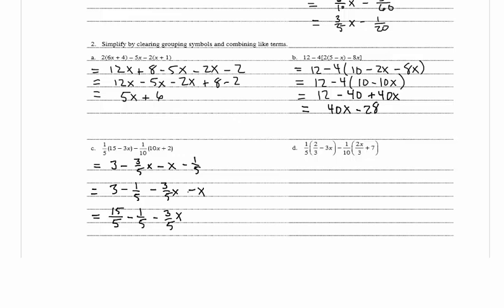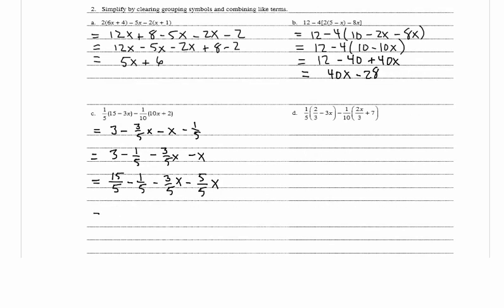And if I wanted to write negative 1 with a denominator of 5, I would write it as minus 5 over 5 x. So now we have 15/5 minus 1/5 gives me 14/5. And then I have negative 3/5 minus 5/5 is negative 8/5 times x.